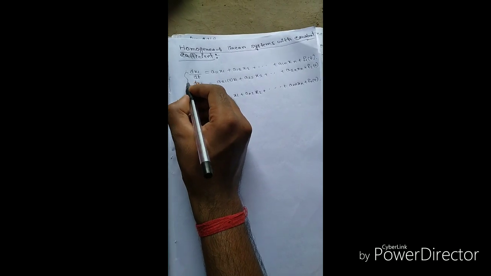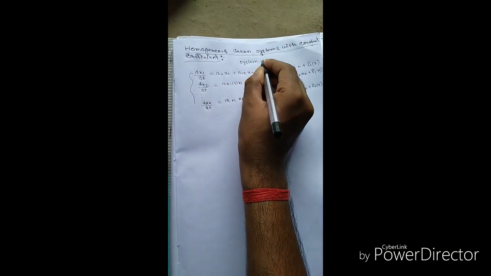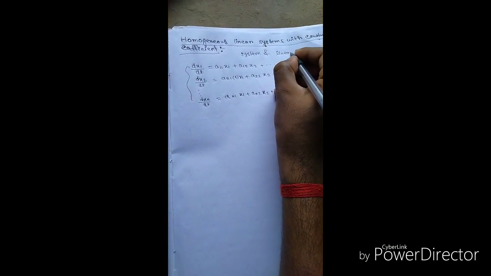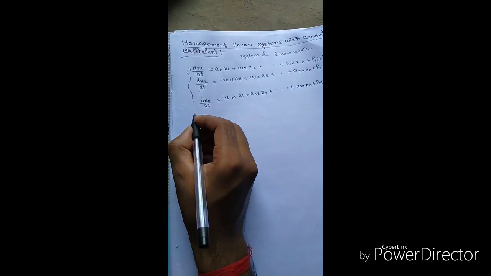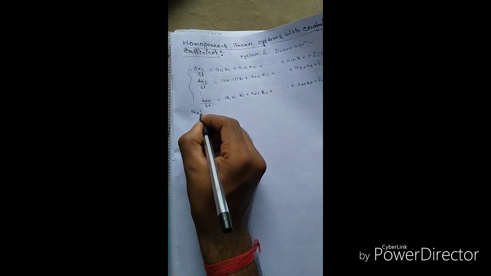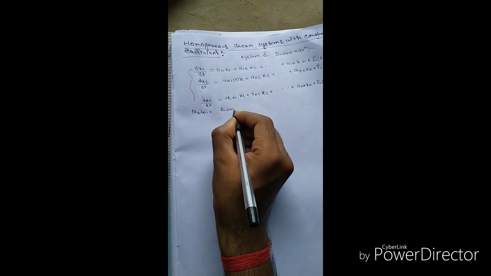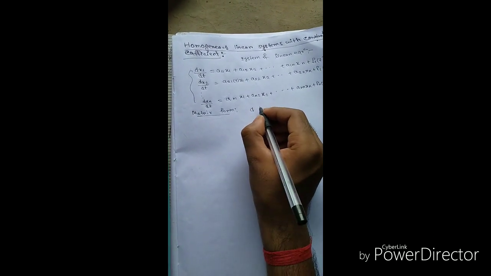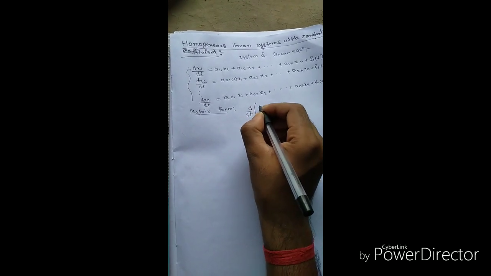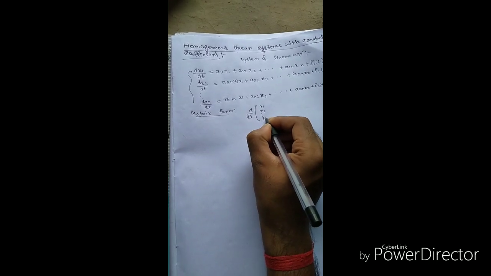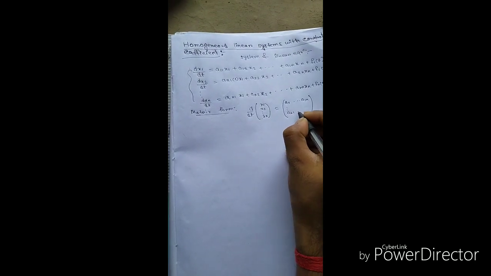Now this system of linear equations can be written in matrix form: d/dt of the column x1, x2, xn equal to the matrix a11 to a1n, an1 to ann, times the column x1, x2, xn, plus the column f1 to fn.